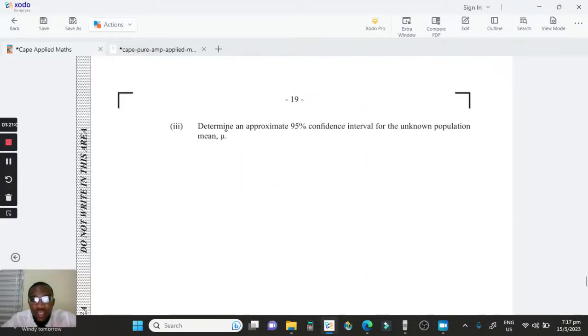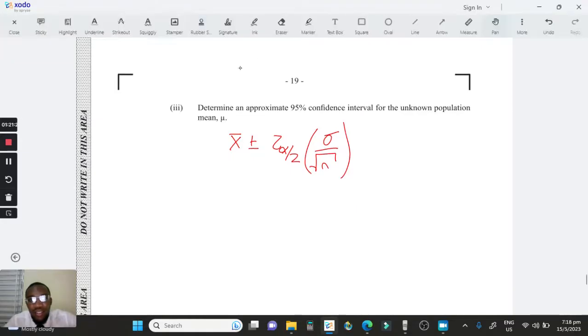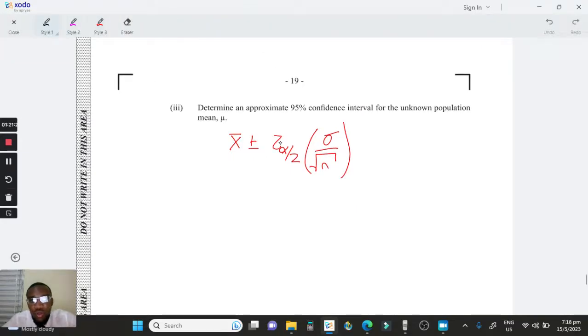So now they say determine an approximate 95% confidence interval. And remember, the confidence interval formula is bar x plus or minus z alpha over 2 in brackets, sigma over the square root of n. Now in that case, remember we're using a 95% confidence interval. So our significance level is 5%.